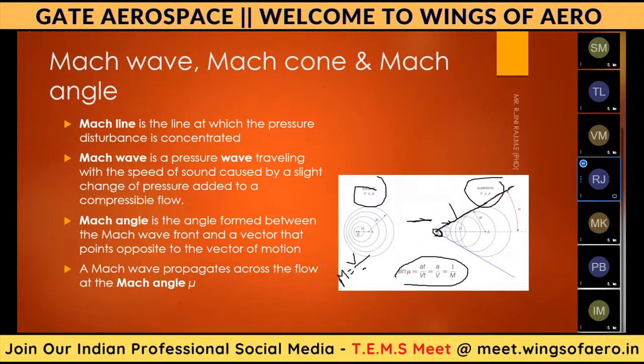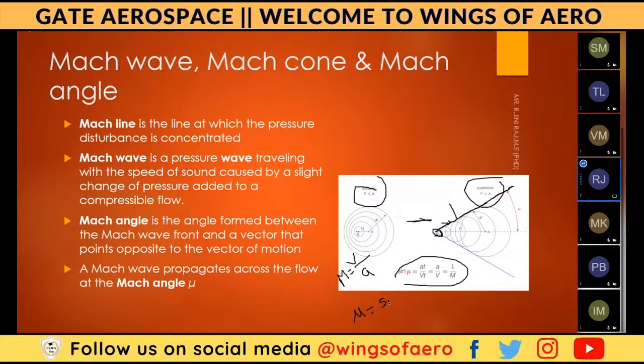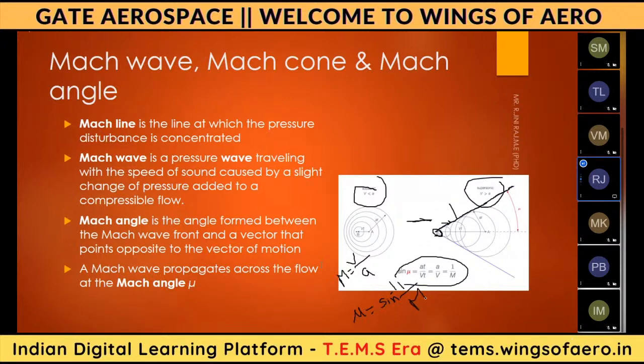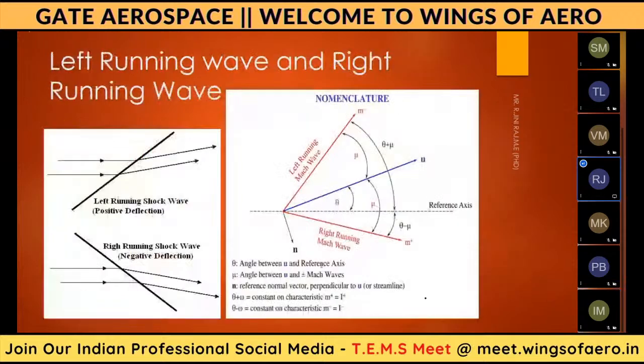So the equation becomes sin mu equals 1 by M, or mu equals sin inverse of 1 by M. Okay. So Mach angle is mu. Mach angle is the angle between the Mach line and the flow direction.